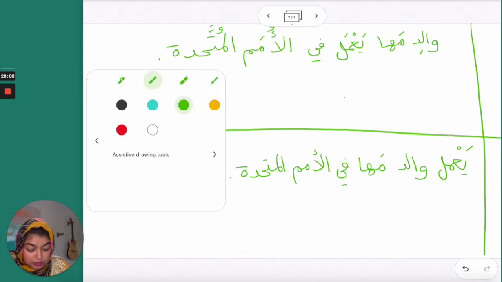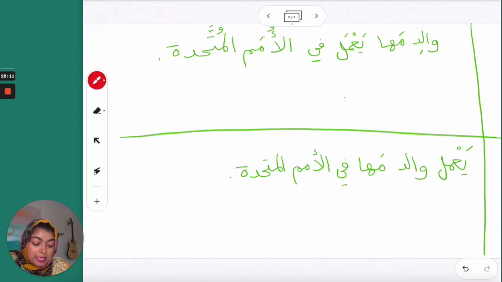So in the first one, let's look at والد مها يعمل في الأمم المتحدة. هل هذه الجملة جملة الاسمية أم جملة الفعلية؟ Is it a nominal sentence or a verbal sentence? كيف نعرف من أول كلمة؟ ما هي أول كلمة؟ والد. وفي هذه الجملة يعمل. والد, you tell me, is it a noun or a verb? It's a noun. So this is going to be considered جملة الاسمية.